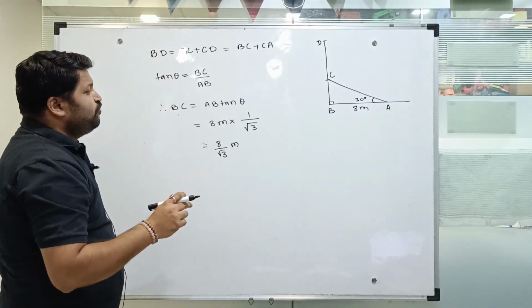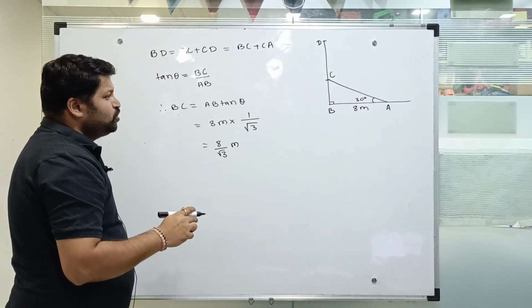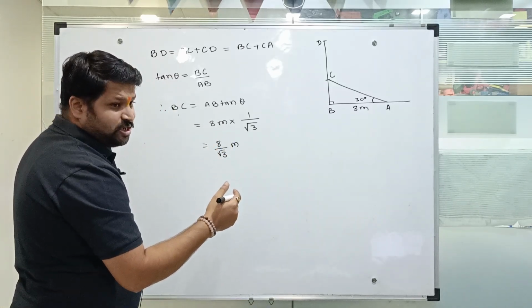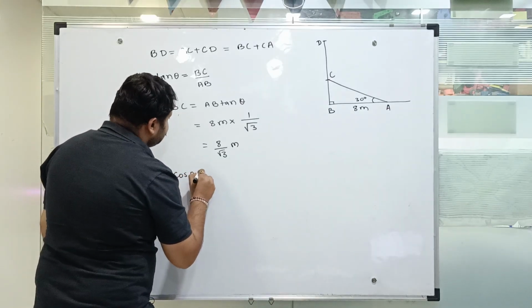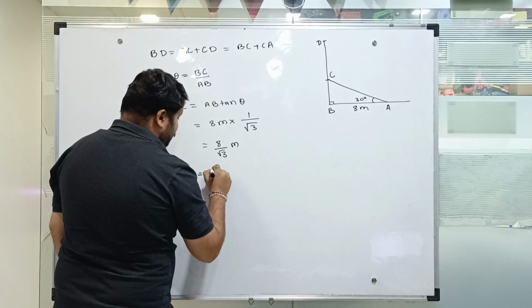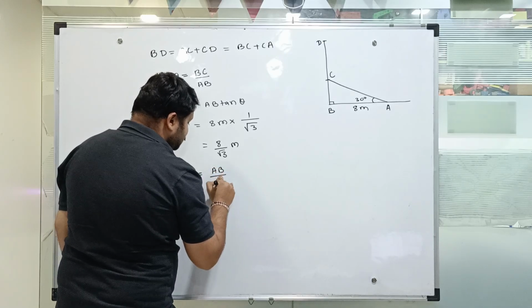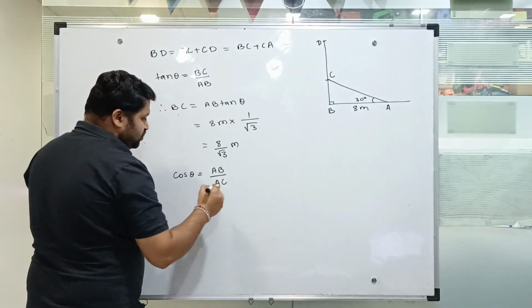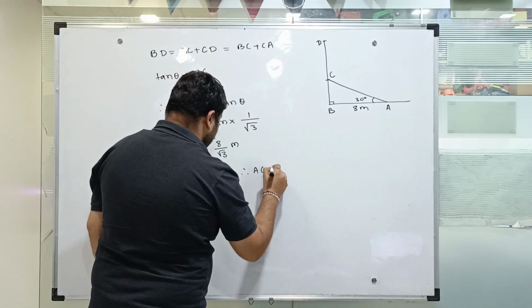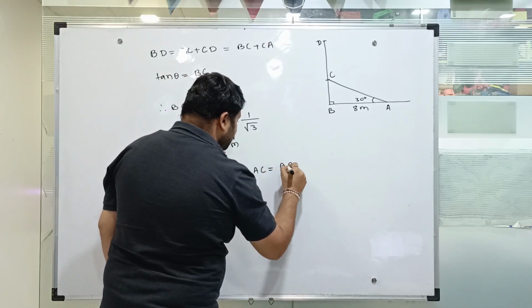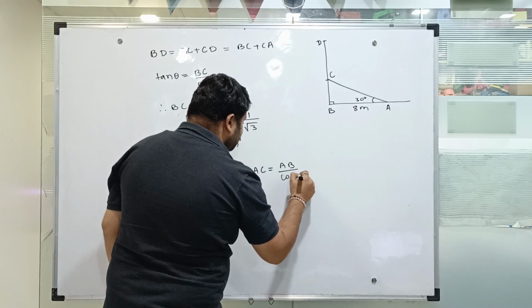Now for AC, since I have the adjacent side, I can say that cos theta is equal to AB upon AC. So therefore AC is equal to AB upon cos theta.